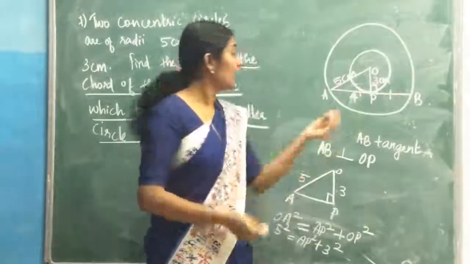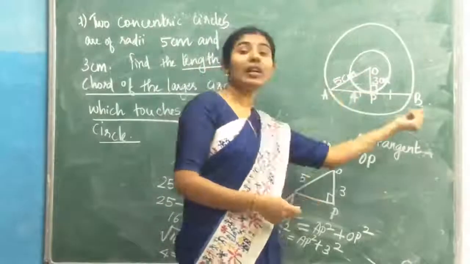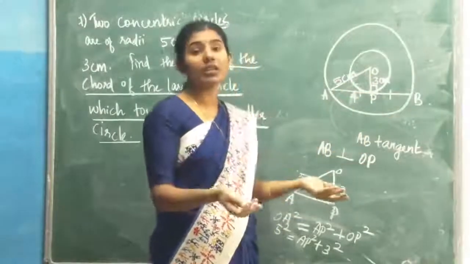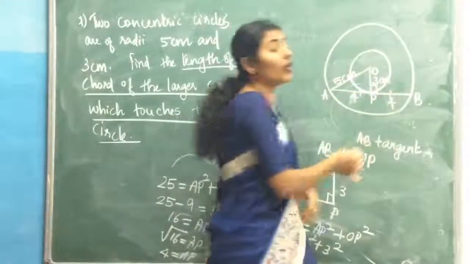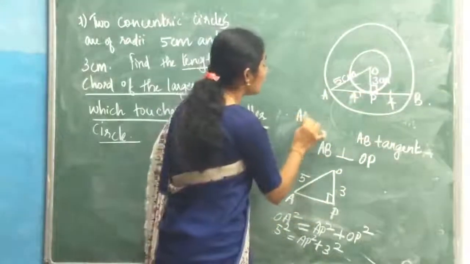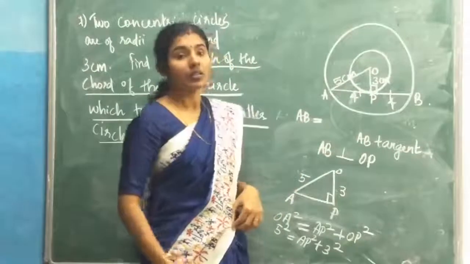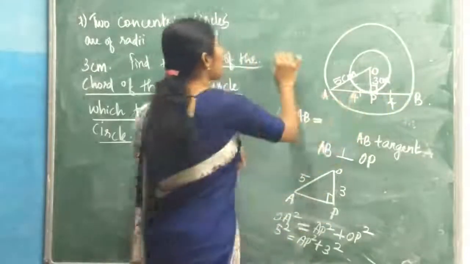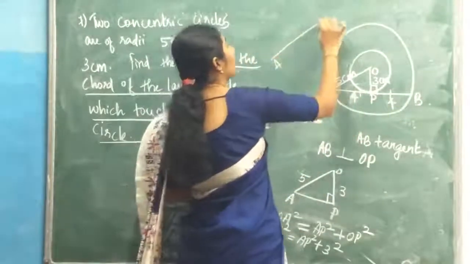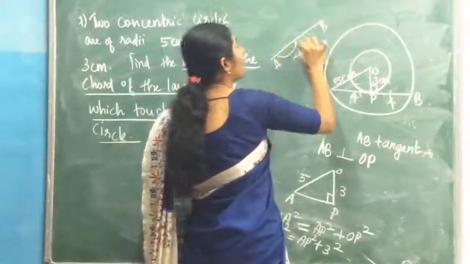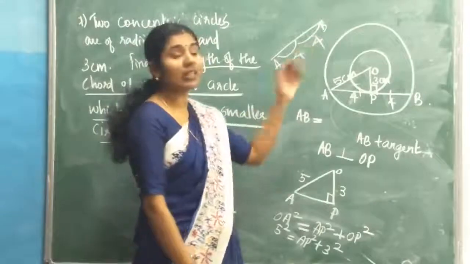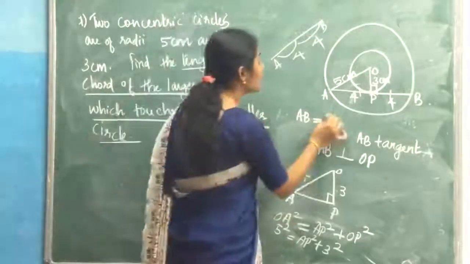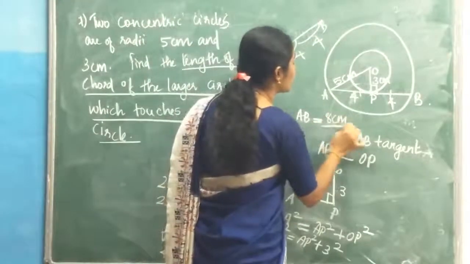Bisects means this perpendicular divides the chord into 2 equal parts. So this part is 4, and here also 4. So what is the length of AB? 4 plus 4, isn't it? So AB is 8 centimeter.